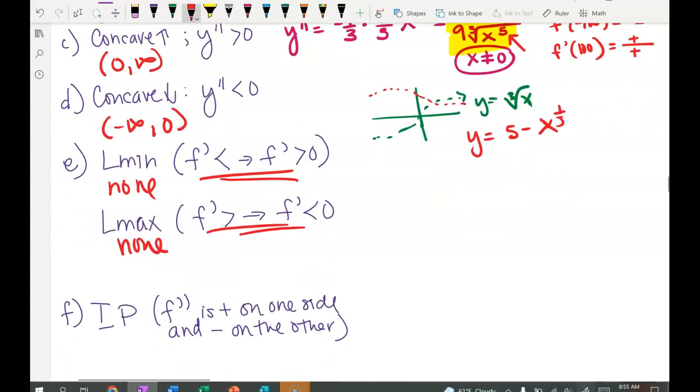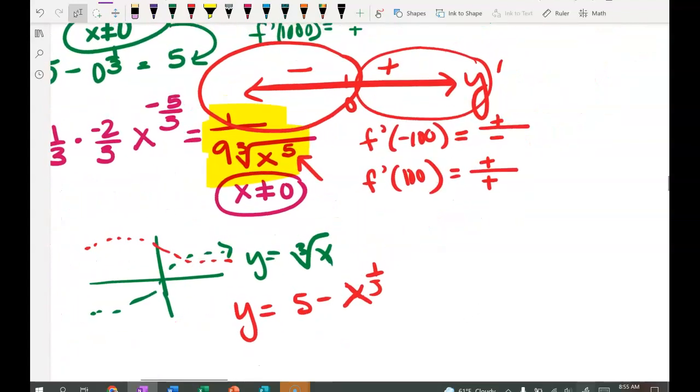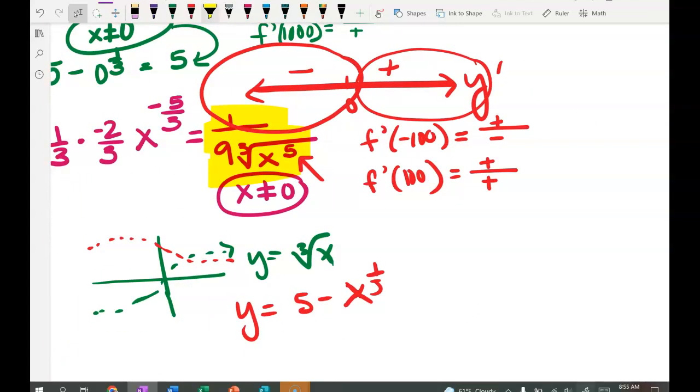And then the last one, it says the second derivative will give us the inflection if there is a change from positive to negative or vice versa. And we do have a change. We have a change from a negative second derivative to a positive second derivative.